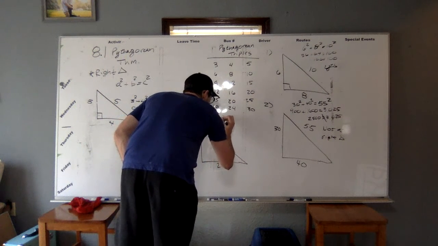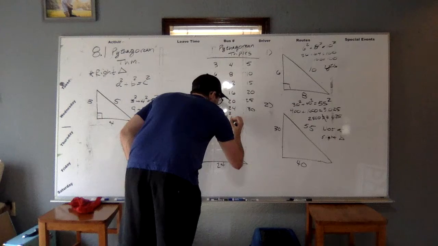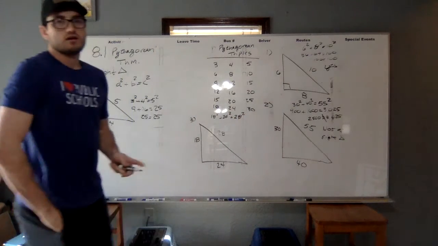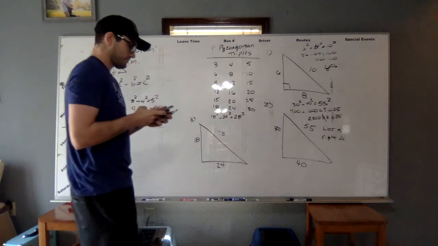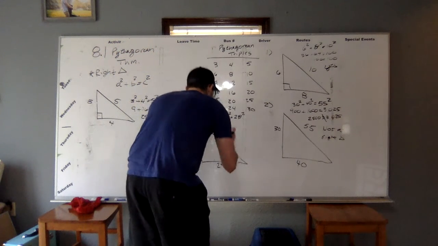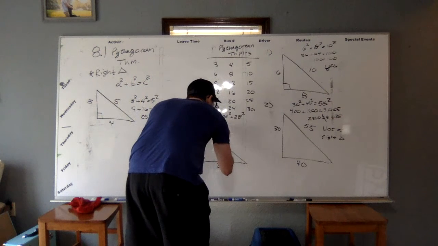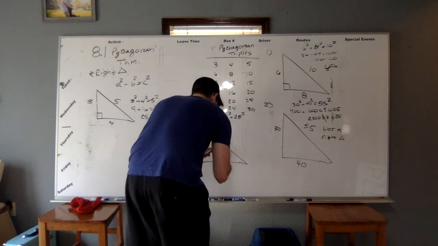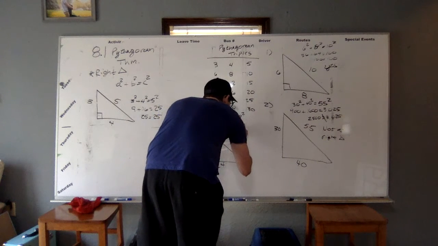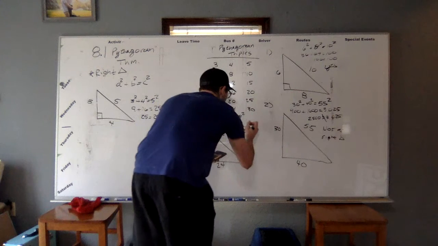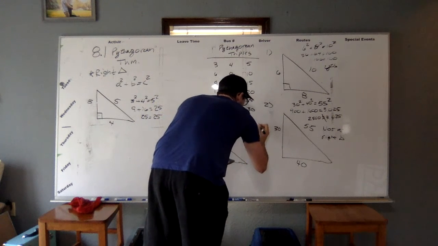18 squared plus 24 squared equals 28 squared. And I go through and solve that one. Okay, so 18 squared is 324. 24 squared is 576. And 28 squared is 784.